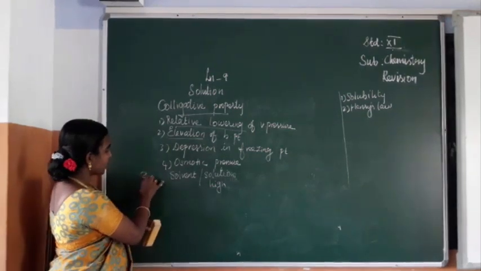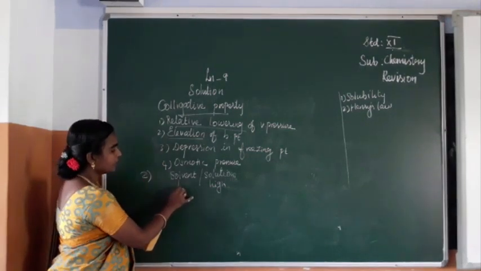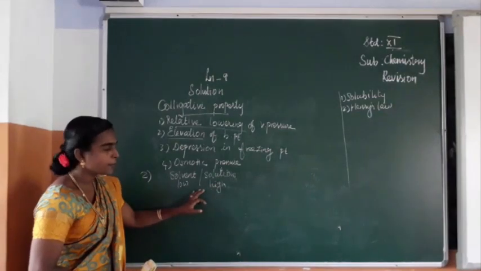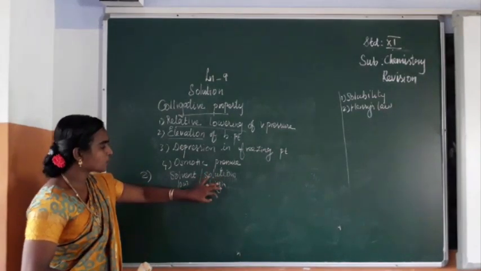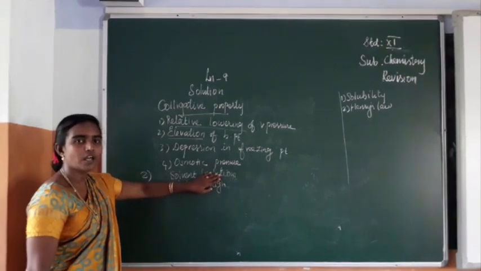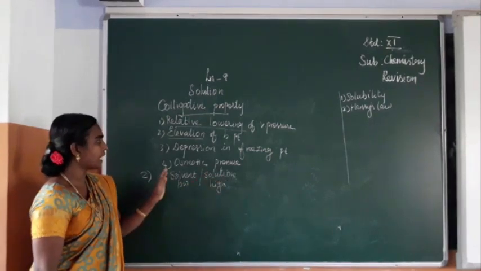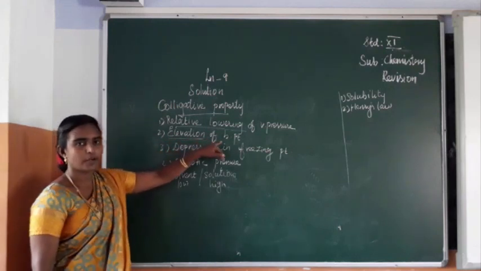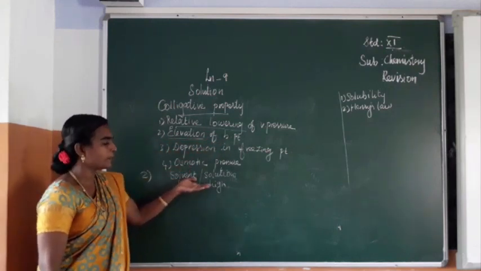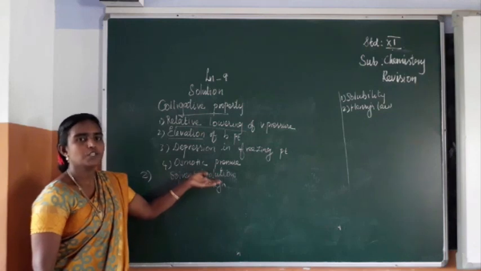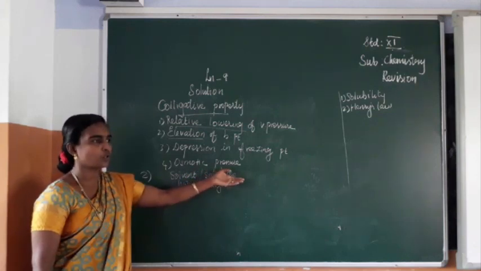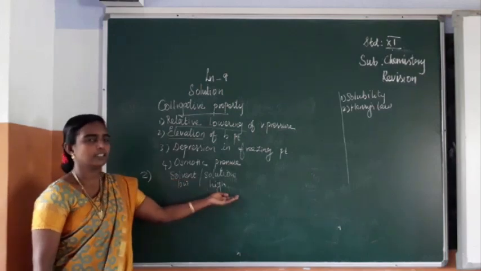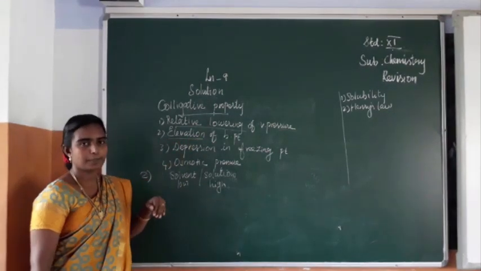So here it is low. So like this, if the boiling point of the particular solution which contains non-volatile solute is more than that of the solvent, that is termed as elevation of boiling point.